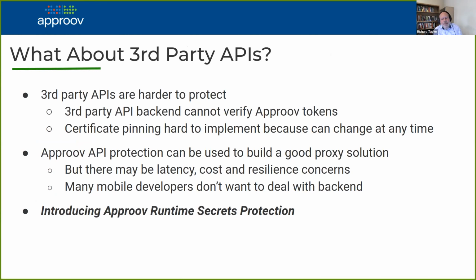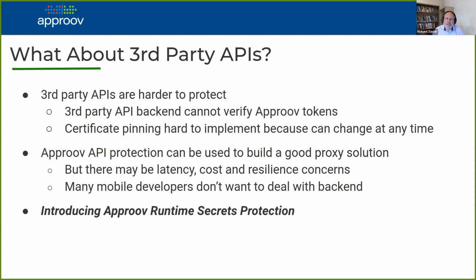So this is great for first-party APIs where you control the API, because in order to use this mechanism of a signed token, you essentially need to change the backend API to do the token verification. However, there's still a challenge around third-party APIs.